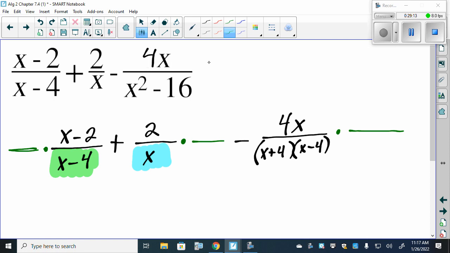Well, that would be x. Because it has an x by itself, and the x minus 4, because that's one term, doesn't have an x. Now we can also look at the last one. What does x plus 4 times x minus 4 have that the x minus 4 doesn't? x plus 4.